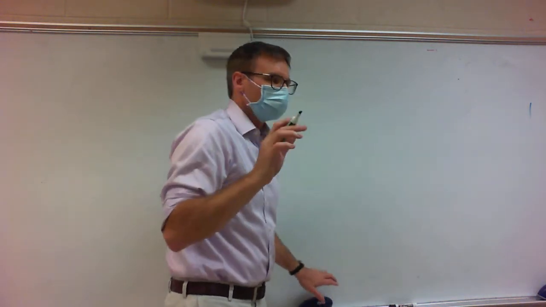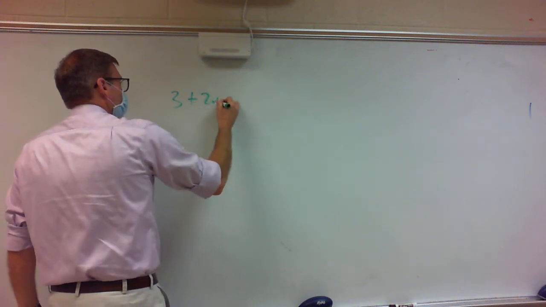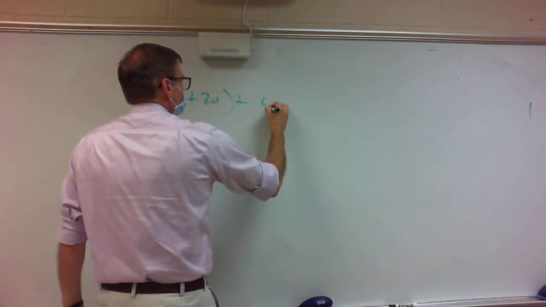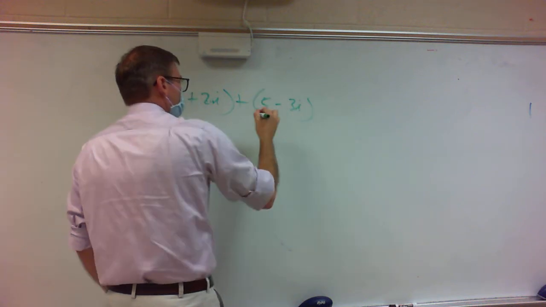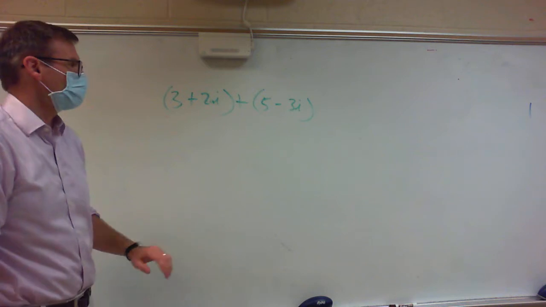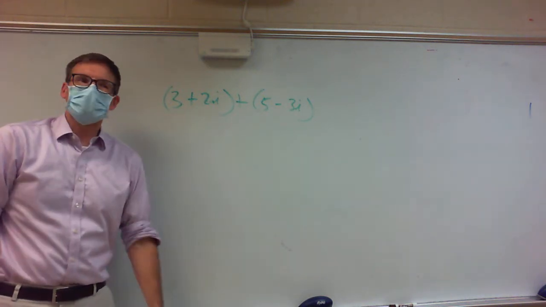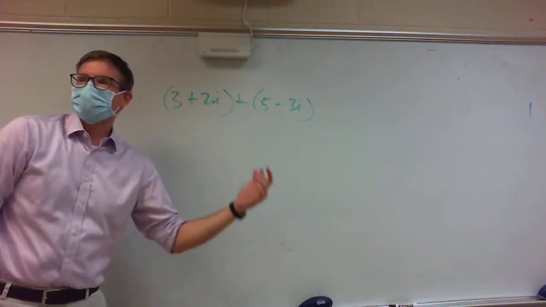Here's the first thing. If I give you 3 plus 2i plus 5 minus 3i, this is what I like about being a teacher for this stuff, is I don't have to teach. I can just put this on the board and say, treat the i like an x and give me your answer.